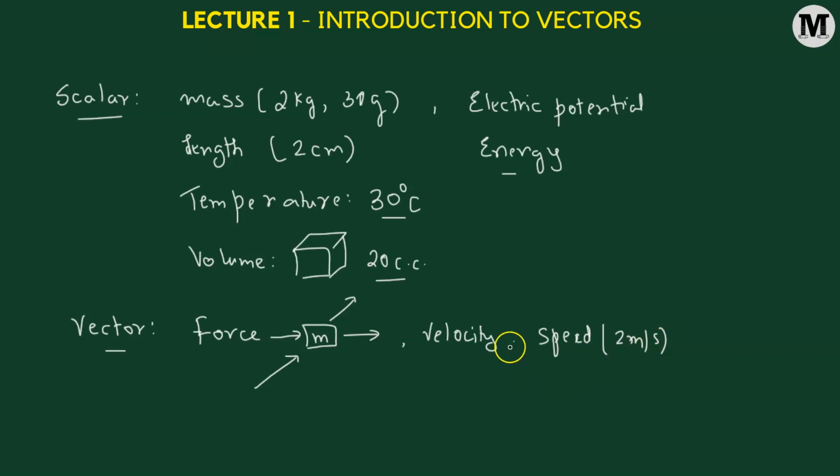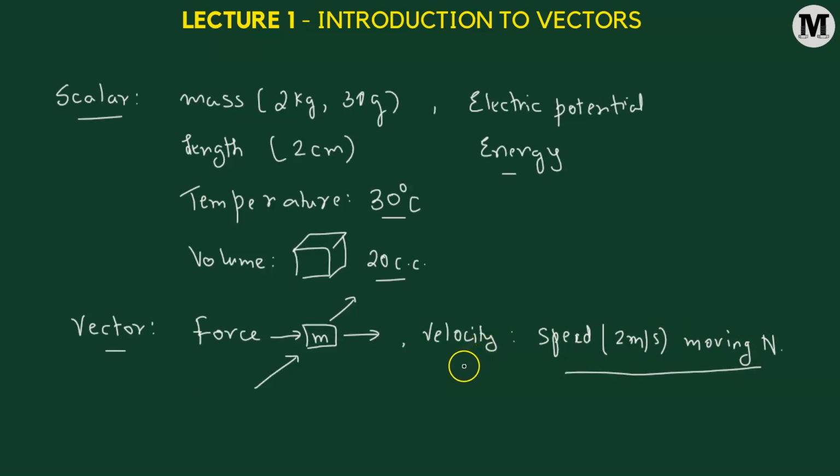But if we want to make it into a velocity, that's when we attach some direction to it. Let's say the speed of an object is 2 meters per second moving in some particular direction, moving north. So in this case, the speed of the object along with the direction is going to be referred to as the velocity of the object.